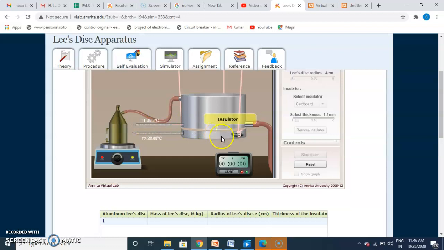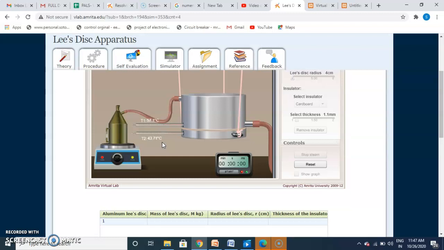Here you have an insulator, so the temperature in the Lees disc rises comparatively slower than the steam chamber, because we have inserted the insulator between this disc and this Lees disc. You can see that the T1 temperature is higher than the T2 temperature. At one point both temperatures become constant, and at that point we have to stop the steam and remove the cork.